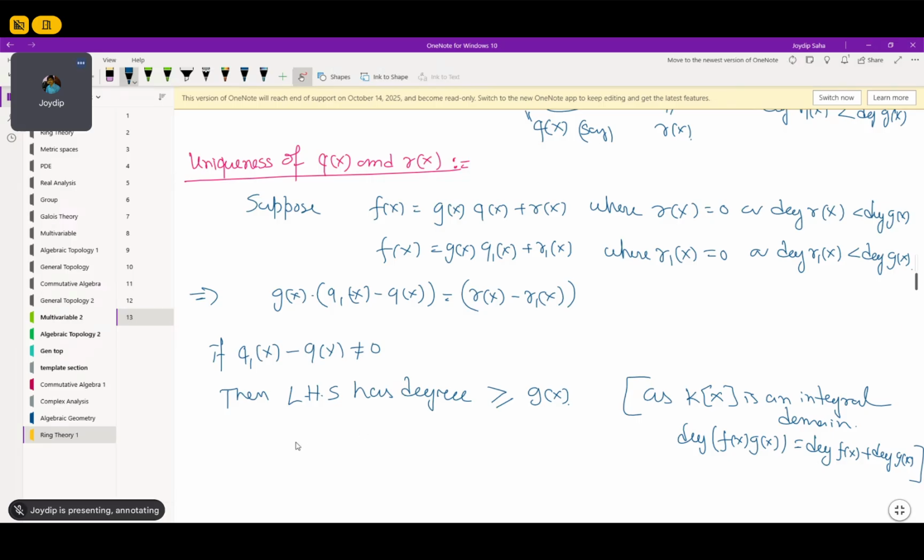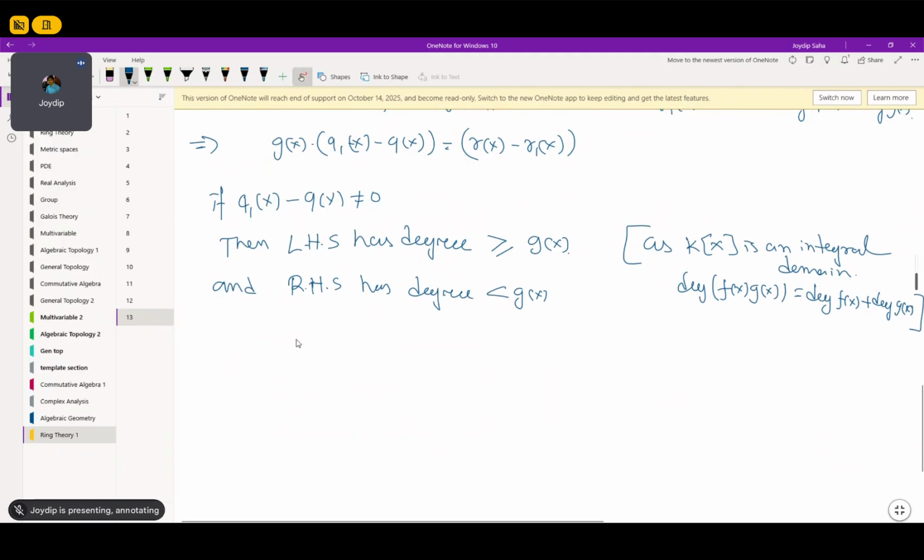And the RHS has degree less than degree g(x), because r(x) and r1(x) both have degree less than degree g(x). Contradiction.